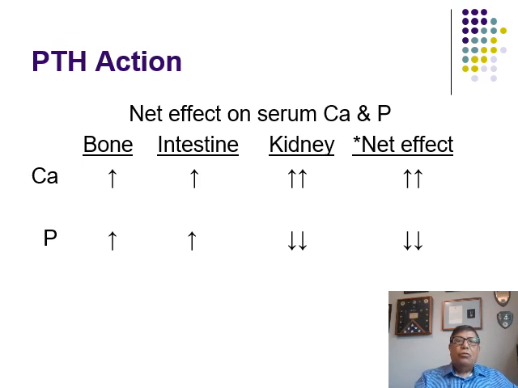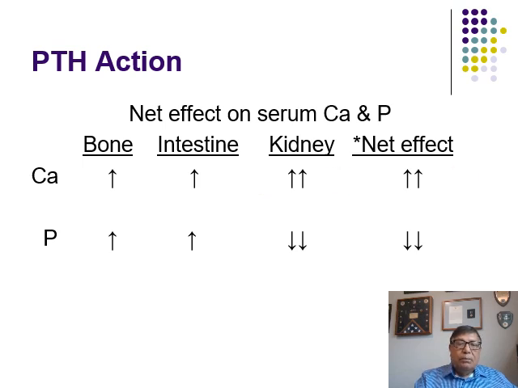In response to parathyroid hormone, it is interesting to know that the net effect and action in the intestine, bone, and kidney are quite different. In bone, it resorbs calcium from the rapid exchangeable pool, and so it releases both calcium and phosphorus. So both go up.